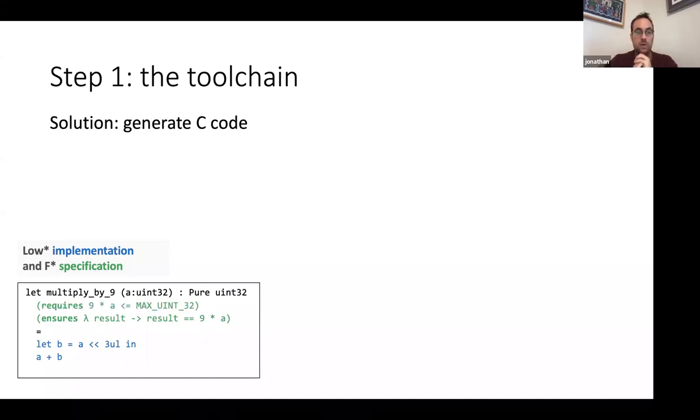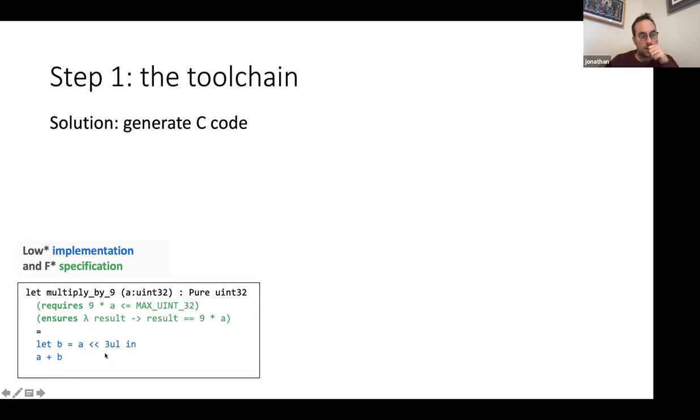It's only true if the result fits in a UInt32, right? Because if it doesn't, then you have a modulo that wraps around and then you don't know what the result is. I mean, it's no longer 9 times A. So F star is like that very pesky assistant that keeps telling you, no, it doesn't work. But the end result is that, if you're willing to take a leap of faith here, we can apply that methodology to much larger code bases and prove that a very large piece of code is meeting its specification.